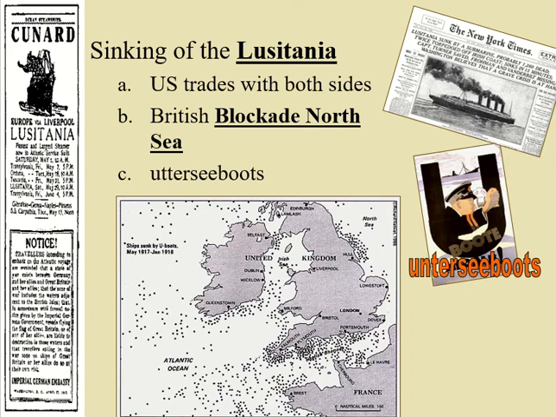But the reason that the Germans sunk this boat is because it is filled with weapons going to the Allies. Of course, the Americans and the Allies are like, no, no, no, there are no weapons on board. These are innocent people. Yes, the people on board were innocent. They did not know there were weapons on board, but the Americans are going to be making money on both sides of this war, and they're going to be shipping a lot of things all over the place.